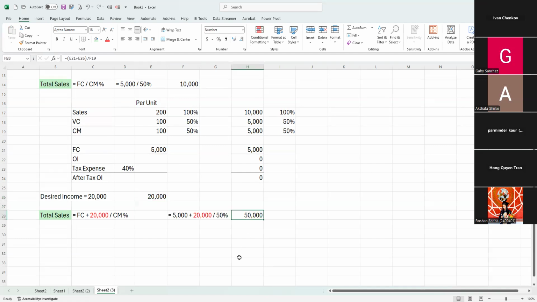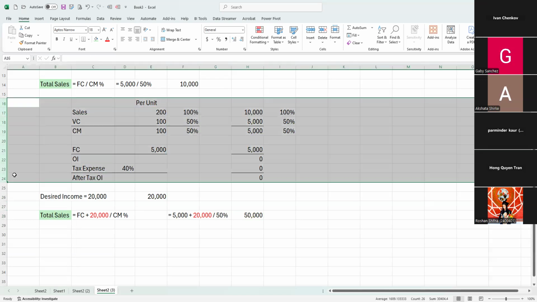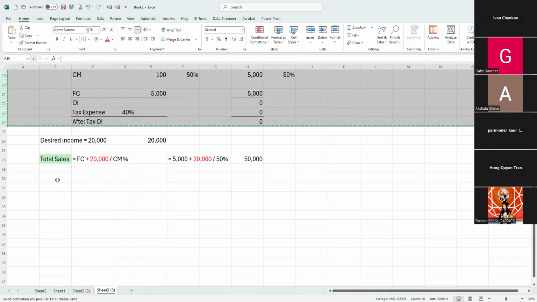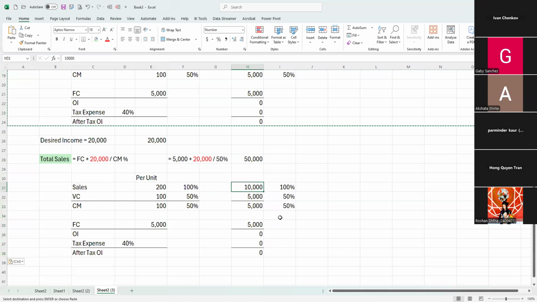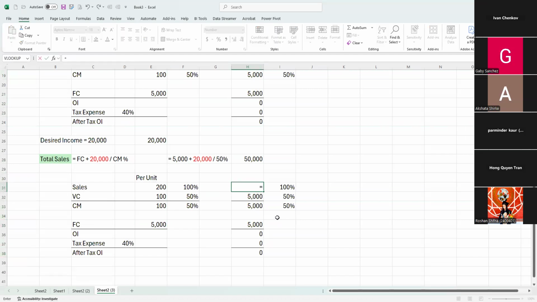Now, if my sales are $50,000, then my operating income is gonna be 20,000. Let's see if that's gonna check. Get this part and flip it here. So if my sales at this point are $50,000, my contribution margin will still be the same 50%.